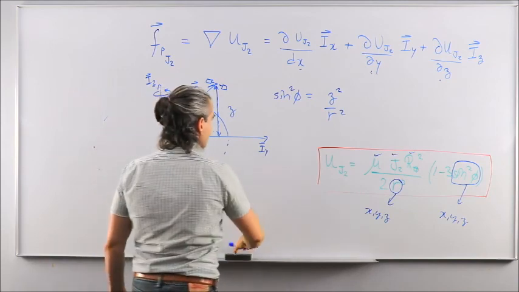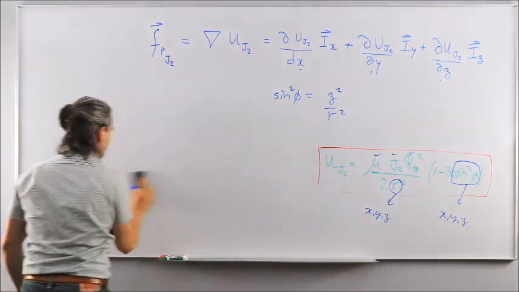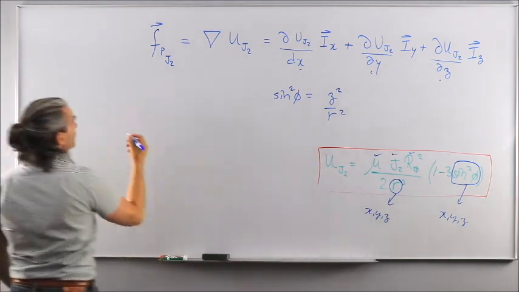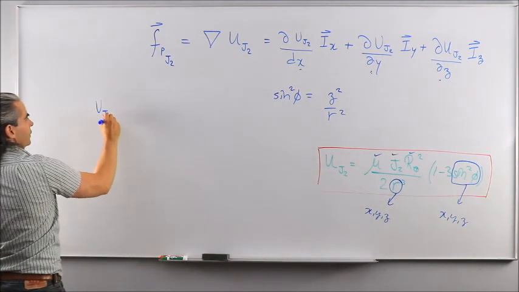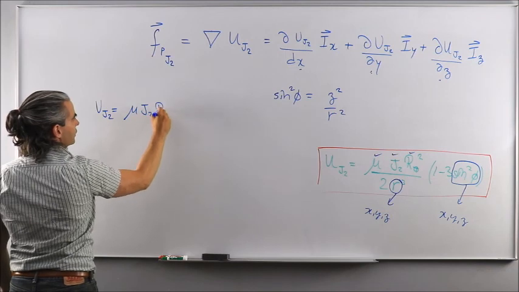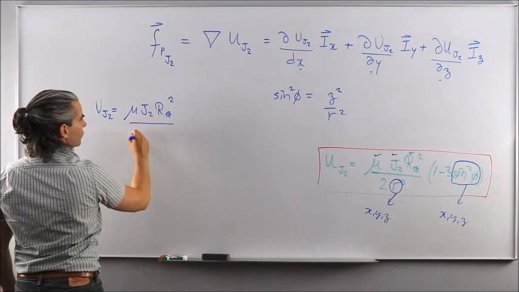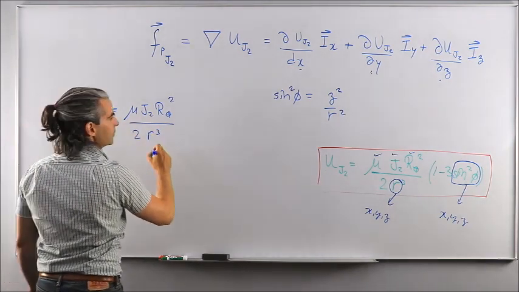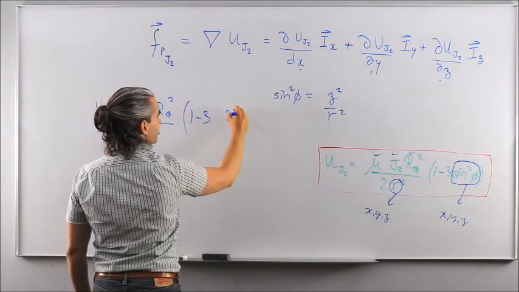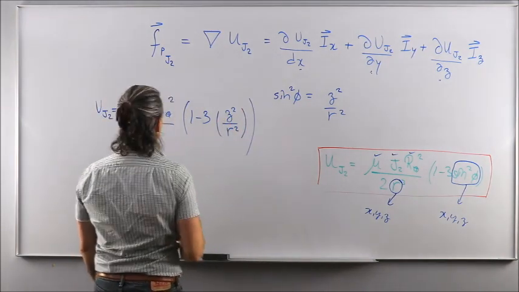Okay? So with this in mind, I can go back and explicitly write all the dependencies of all the terms in that equation with respect to x, y, z by saying that U J2 is going to be mu J2 mean equatorial radius of the Earth square over 2 r cubed times 1 minus 3, and then I'm going to substitute my z square over r square like this.